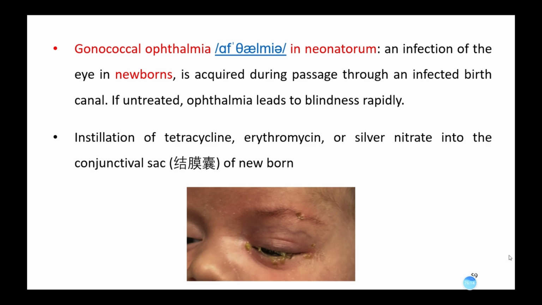But right now, the strategy to prevent such infection is that we don't actually screen the mom to see whether she is positive or not. We just treat the newborn baby with antibiotic eye drops. No matter whether the mom is positive or not, we give every baby some antibiotic eye drops to prevent such infection.